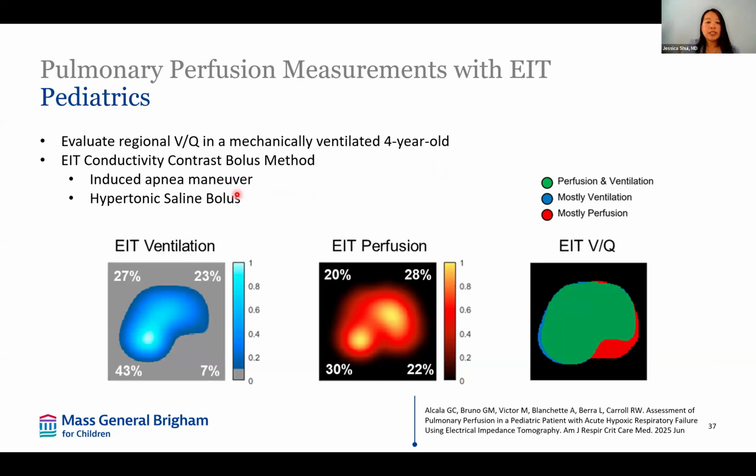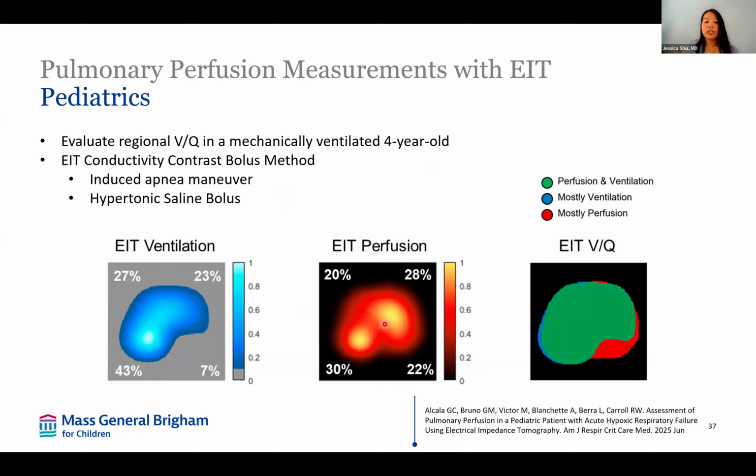We did a similar apnea maneuver with the hypertonic saline bolus, and you can see this is what the map looked like on EIT for ventilation, with the percentages representing the quadrants of distribution of ventilation. And this is what it looked like with the perfusion, with the saline bolus highlighting the areas of perfusion.